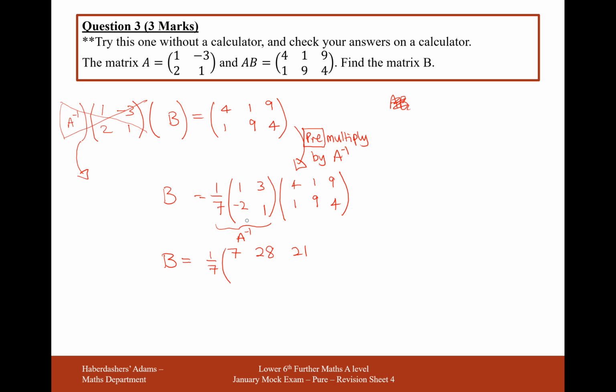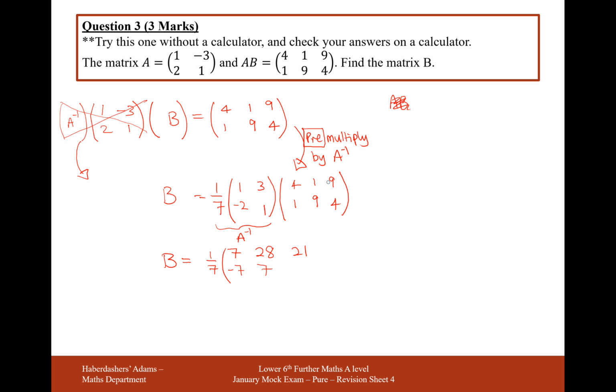Now work along the bottom, because I'm using the bottom row of this first matrix and each of the columns here. Minus 2 times 4 is minus 8, add the 1 and you get minus 7. Minus 2 times 1 is minus 2, add the 9 and you get 7.